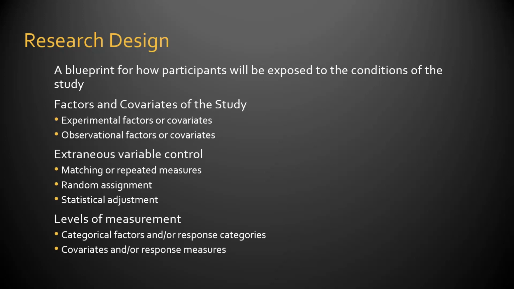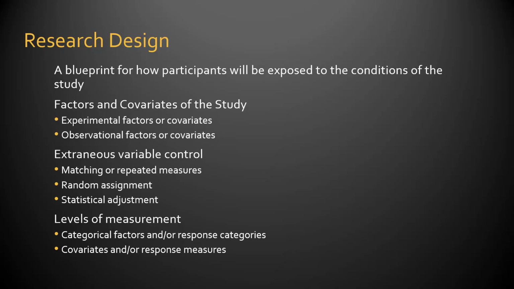Or we could have random assignment as a method of extraneous variable control. And that is to remove the systematic bias of extraneous variables because we randomly choose which condition someone's going to be in. If we're going to match, it's a good idea to include both matching and random assignment.